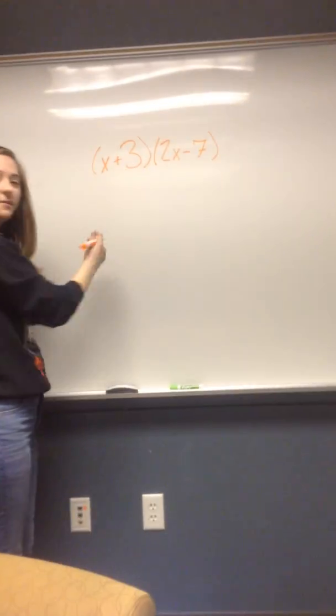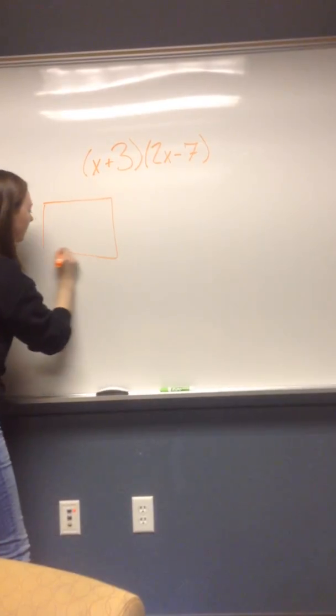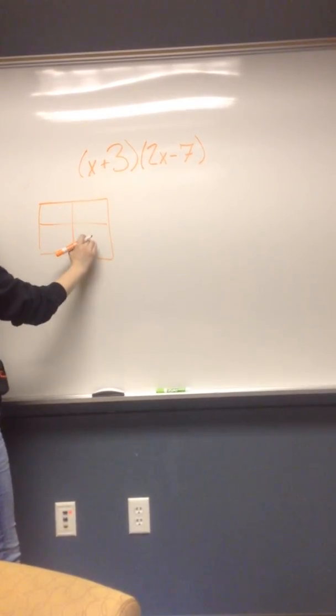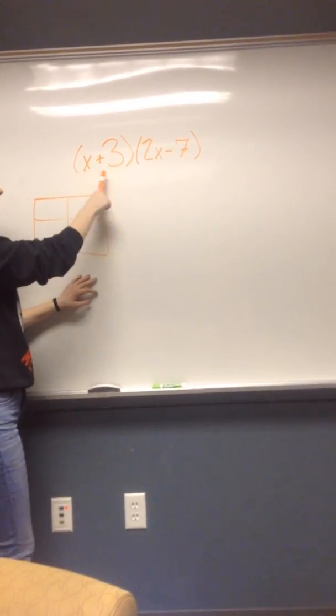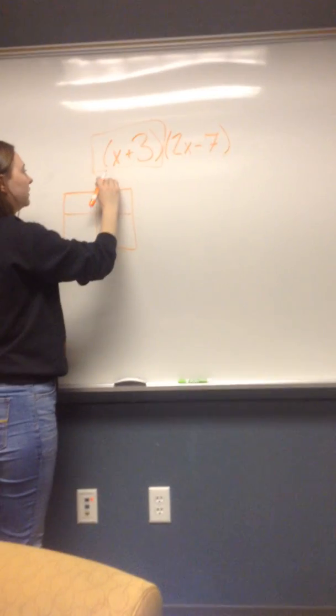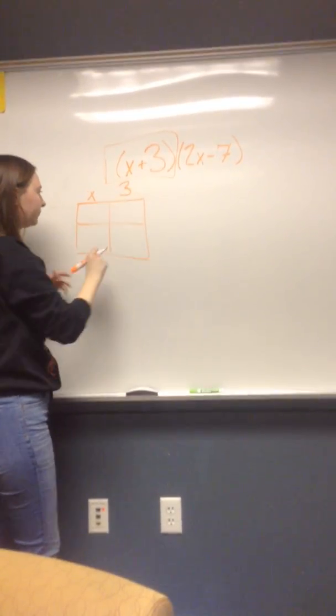We're going to make our little grid, our box, and so then we have 4 squares. Now I'm going to put the x here and the 3 here.